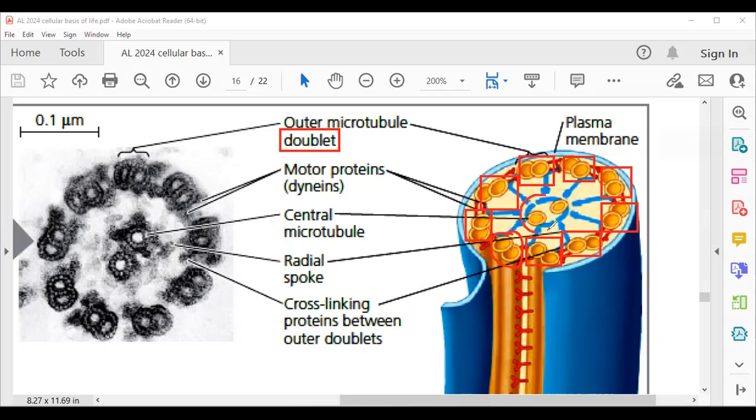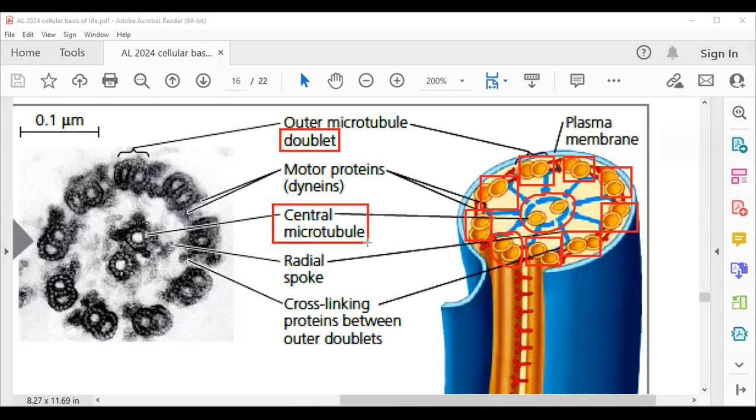In the middle, 2 microtubules are there, but they are not staying as a doublet. They are called central microtubules.